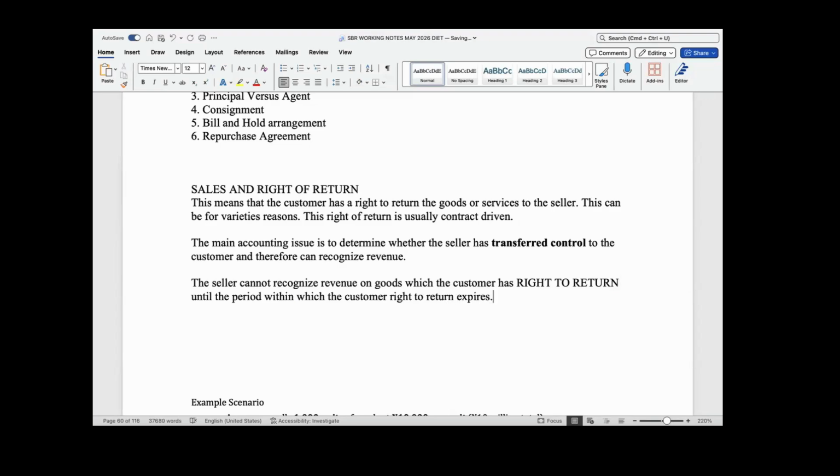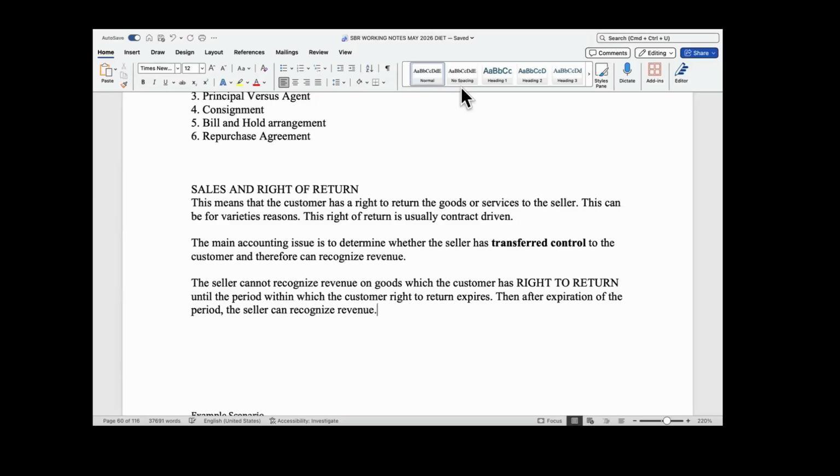So until that period expires, you cannot recognize revenue. Then after expiration of the period, the seller can recognize revenue. So that's the whole idea here. When there is right of return, do not recognize revenue until that period expires.